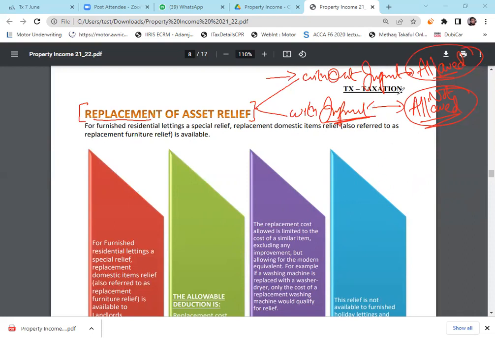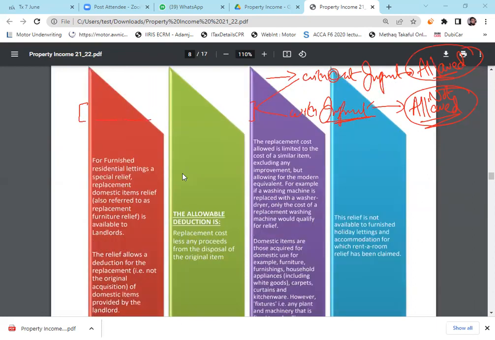But if it is without improvement, it is like versus like. You replace your same asset with the same asset, same category, then it will be an allowed expense. And what amount will it be allowed? So the formula is here: replacement cost minus scrap value.